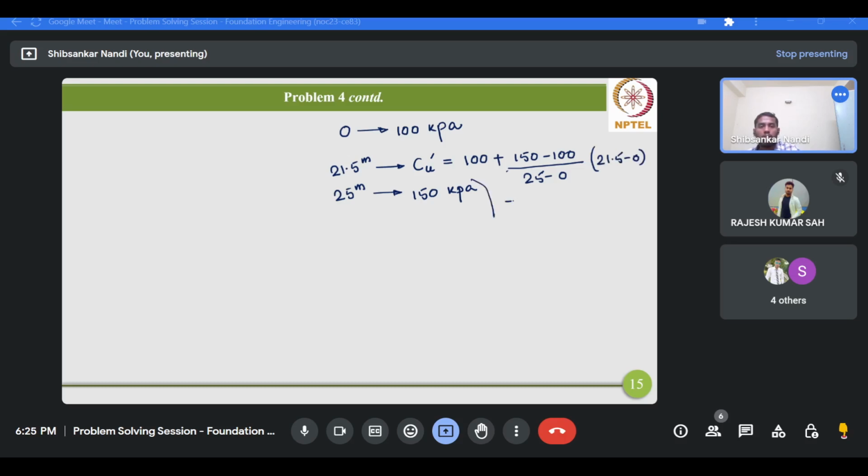Calculating: 150 minus 100 is 50, divided by 25 is 2, multiplied by 21.5 is 43. So this value would be 143, that is 143 kilonewton per meter square.